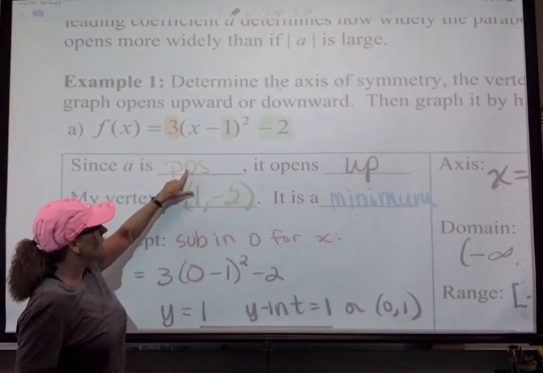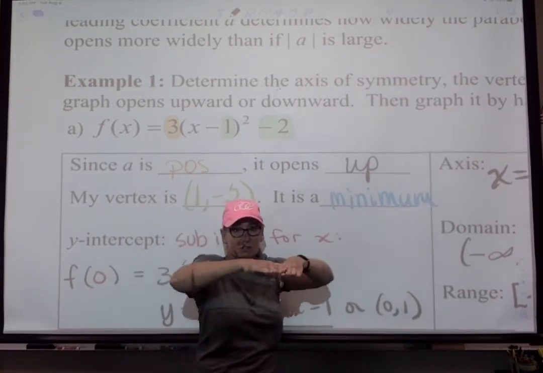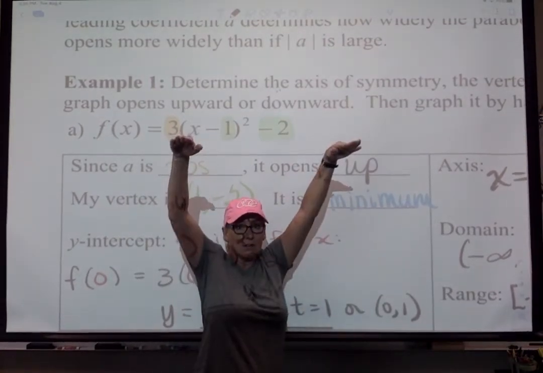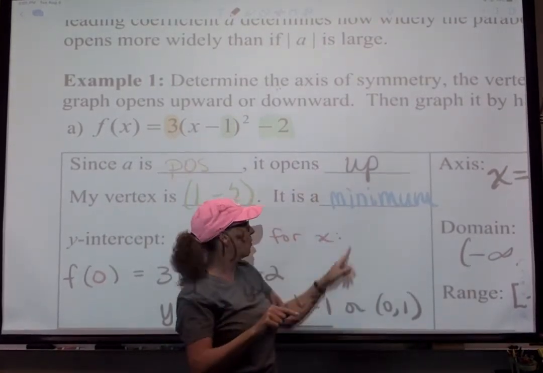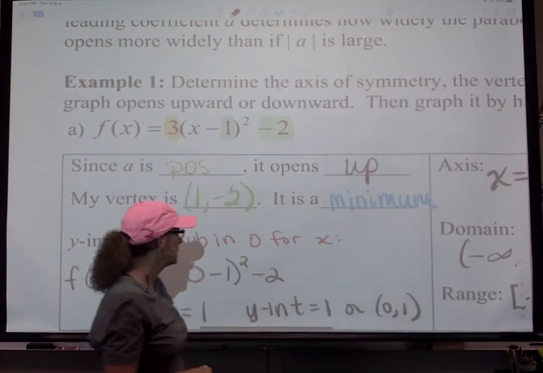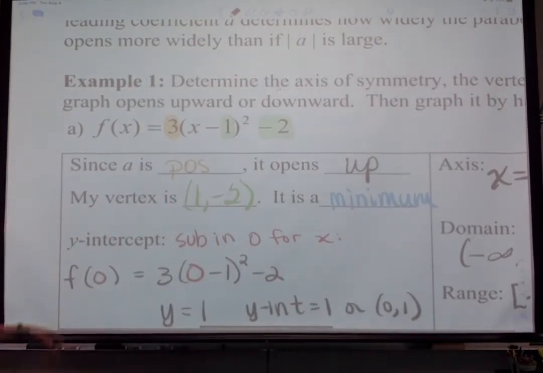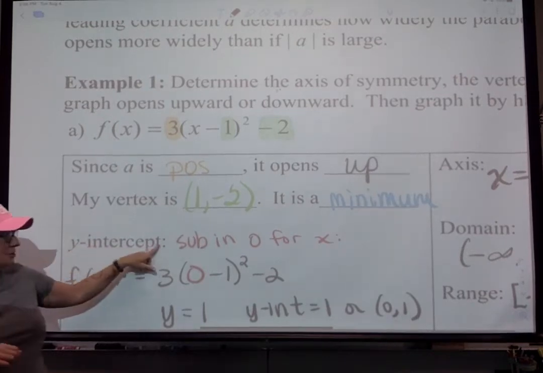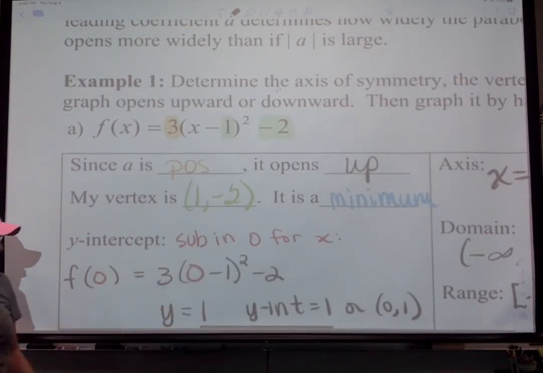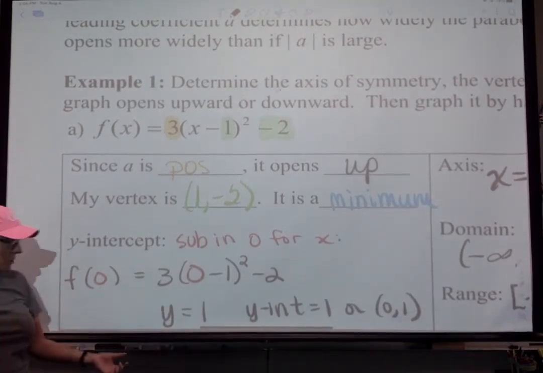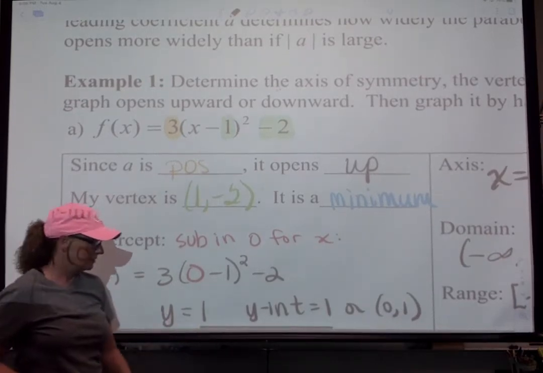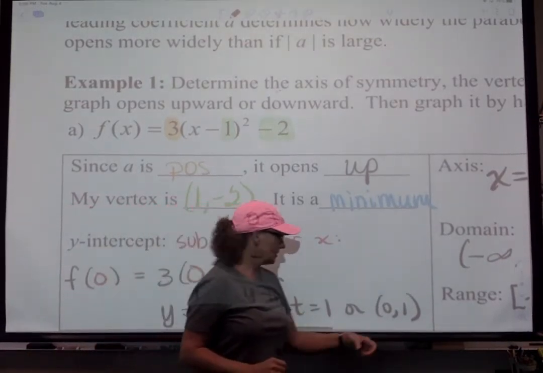A is positive. The graph opens up. Since the graph opens up, the vertex is going to be the lowest point. We're calling that a minimum. To find the y-intercept, you know how to do it. Sub in 0, and then you can write your y-intercept like this, or like this, or like this.